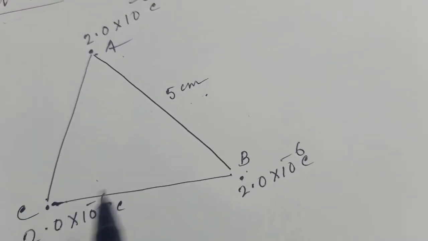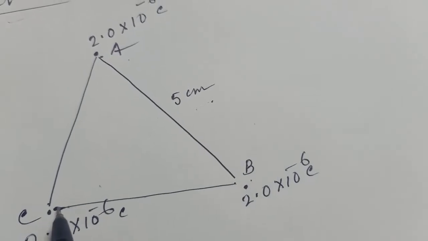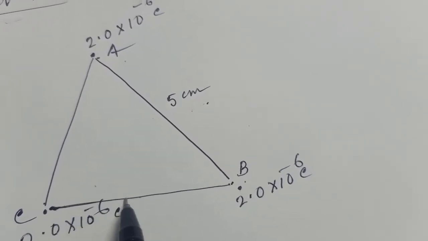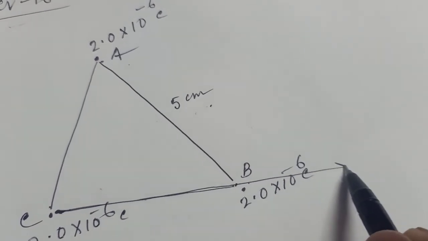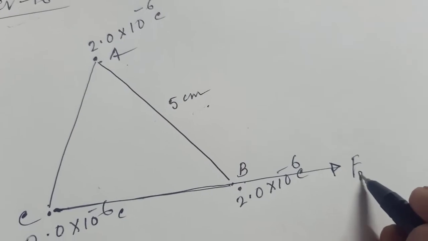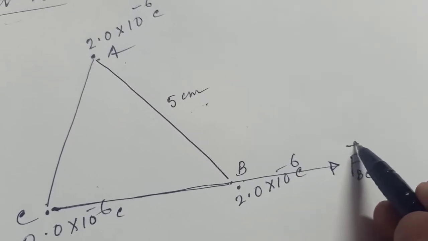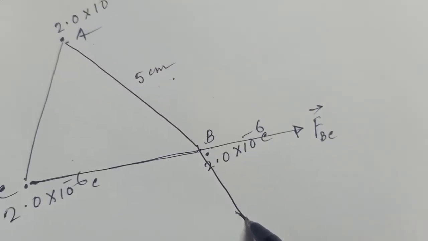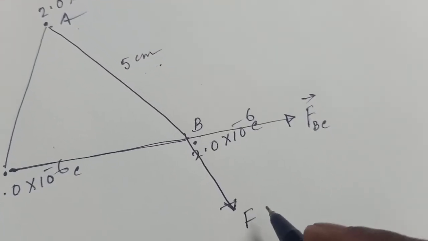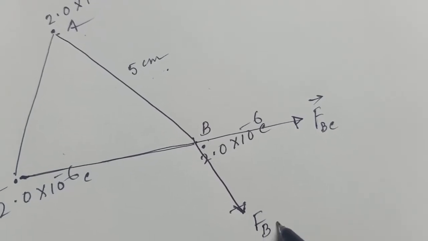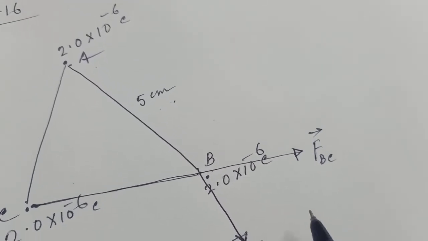The charged particle at B experiences a repulsion force from C along this direction, so we name it the force on B due to C, F_BC, and this one is the force on B due to A, F_BA.